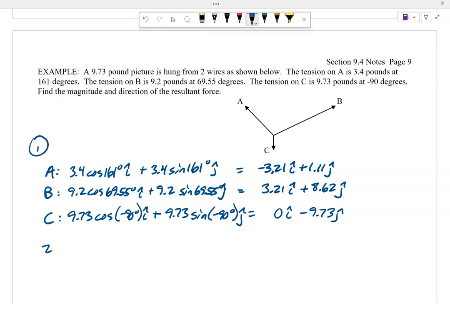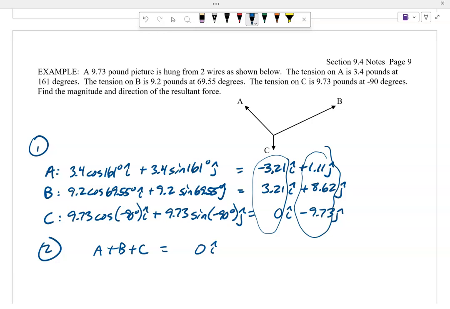So here's step 1. Step 2, find the magnitude and direction of the resultant force. Well, if we add A, B, and C, add all these together, negative 3.21 plus 3.21 plus 0, we get 0 as your horizontal component, and then 1.11 plus 8.62, that's 9.73, minus 9.73, 0 J. So this means the magnitude and direction are 0.